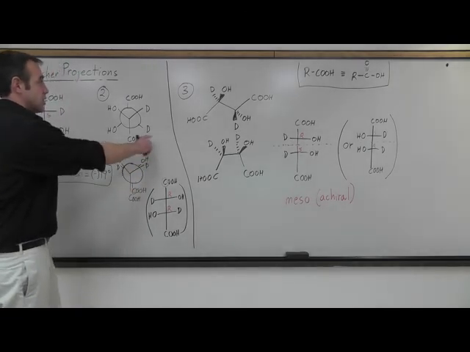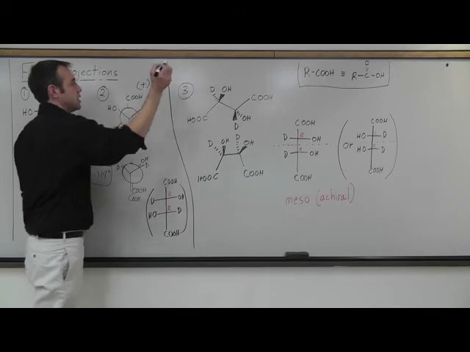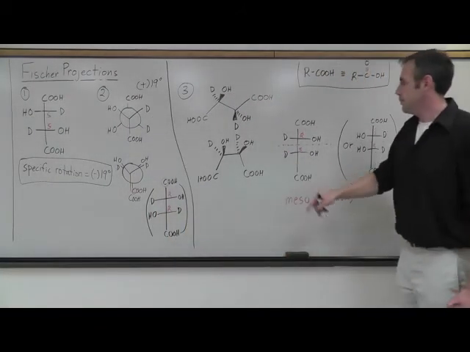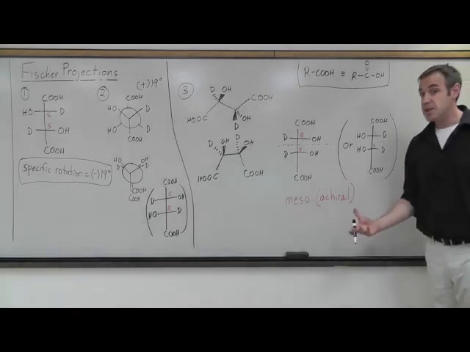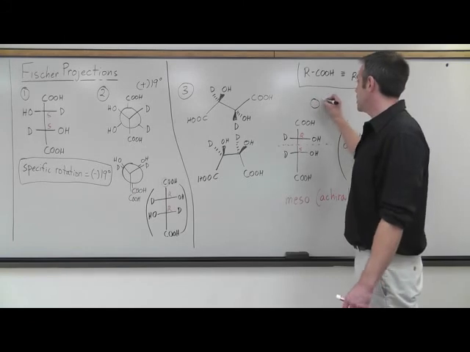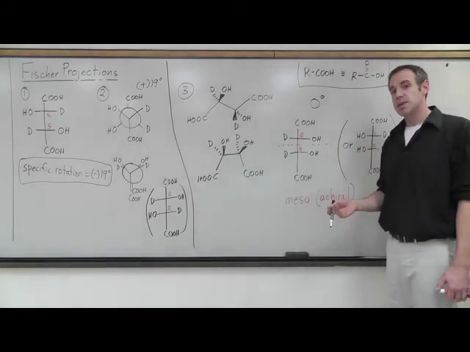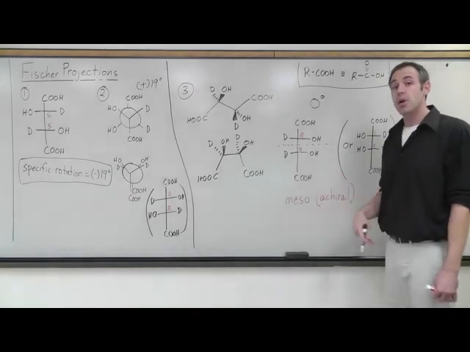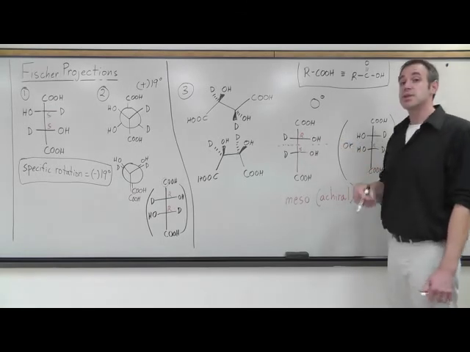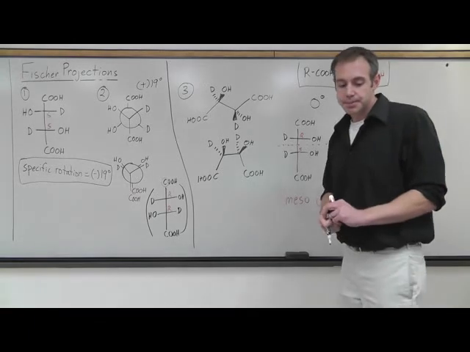So the specific rotation here would be in the plus direction, 19 degrees. For this compound here, because it's a meso compound and it's achiral, the specific rotation would be 0 degrees. In other words, it does not rotate polarized light because it's achiral. So you must be a chiral molecule. Even if you have stereocenters, you must be a chiral molecule to rotate polarized light.